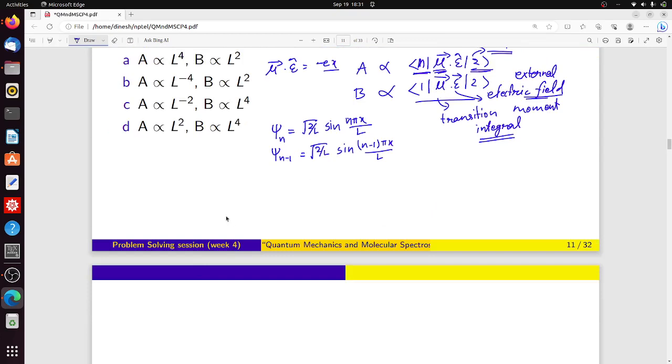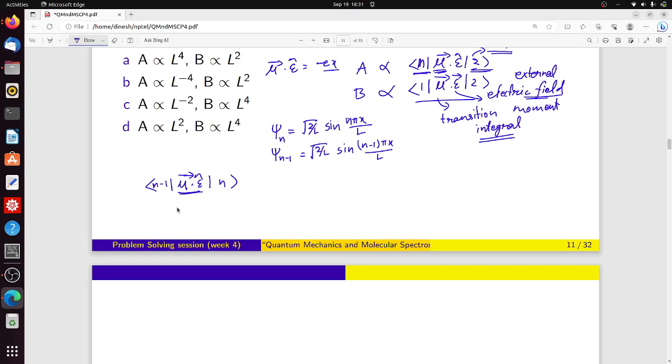Okay, now you have to evaluate this, mu dot E between n minus 1 and n. This is the final state, so it's n minus 1, and here it is n.